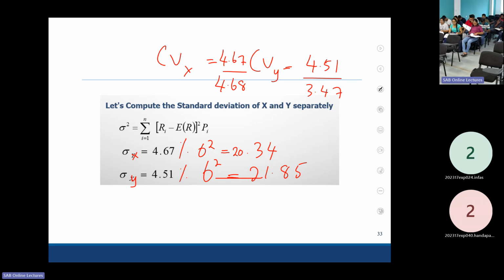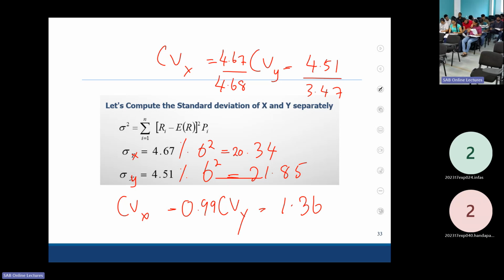So what are the coefficients of variation? X is 0.99. Y is 1.36.